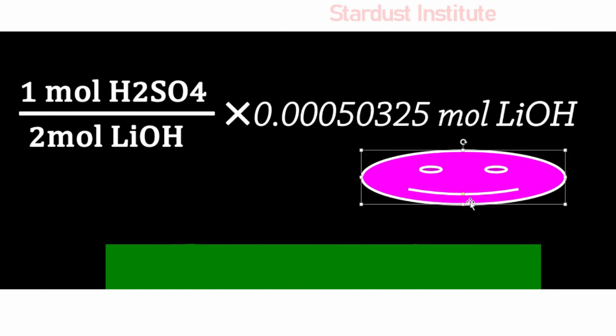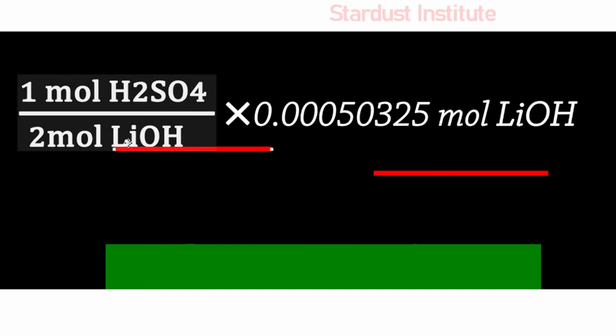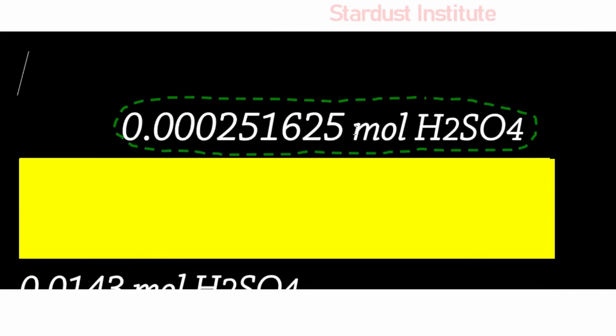We should cancel out units, mole lithium hydroxide with mole lithium hydroxide. Then we get 0.00025165 moles of H2SO4.